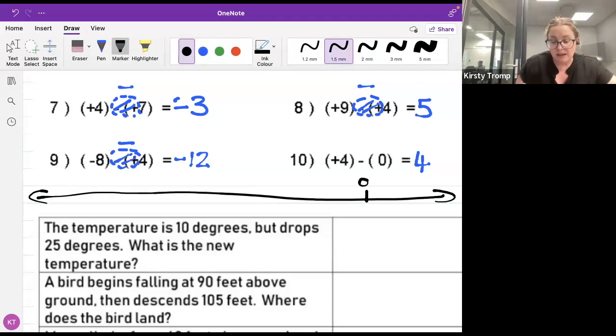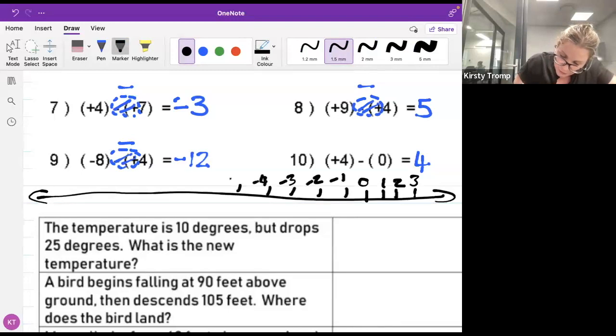So what's it telling me? It's telling me I must start at negative 8. So in other words, this will be negative 1, negative 2, negative 3, negative 4, negative 5, negative 6, negative 7, negative 8, negative 9, negative 10, negative 11, negative 12.